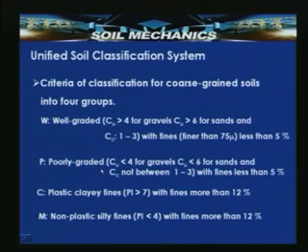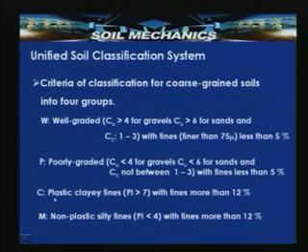P is poorly graded when Cu is less than 4 for gravels, less than 6 for sands, and Cc is not between 1 to 3. If the above criteria are not met, it is called poorly graded, with fines less than 5%.